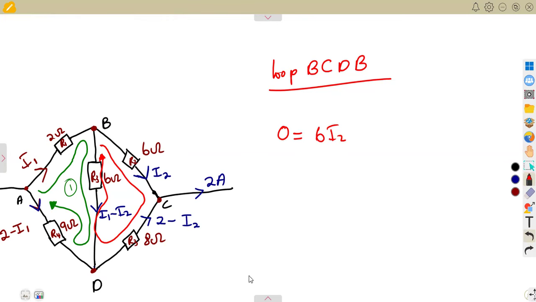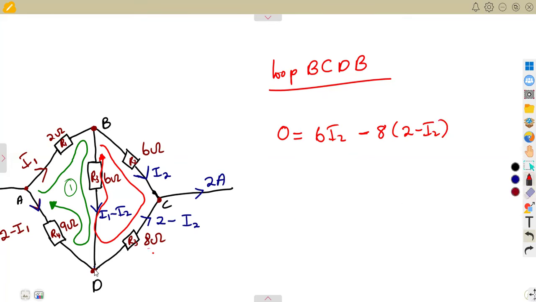No. C to D, the current is moving this way. Remember, this is how we are taking our loop. C to D, but the current is moving from D to C. It's opposing. So in that case, it will be a minus. So that's minus 8 times the current, which is 2 minus I2.